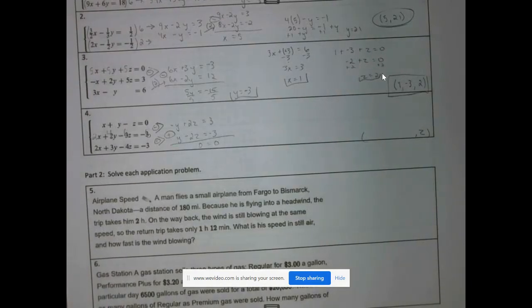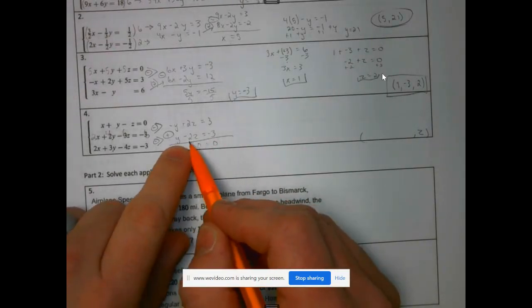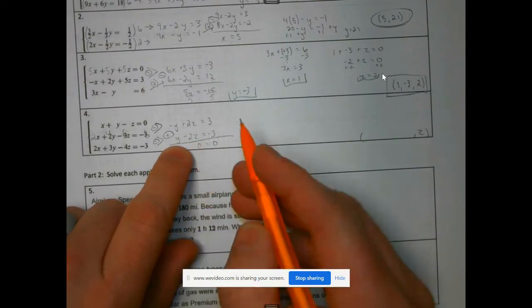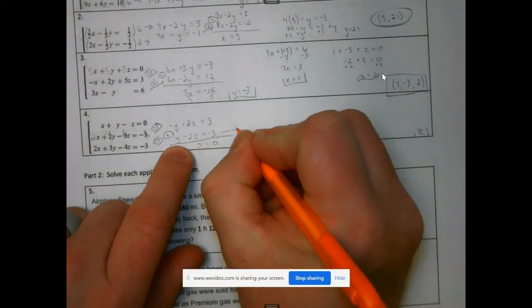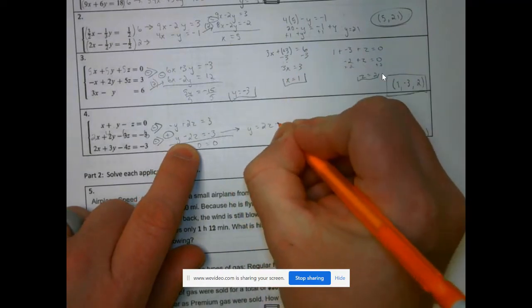They use t as well. So here we've got this equation in terms of y and z. If we take this and solve it for y, we have y equals 2z minus 3.